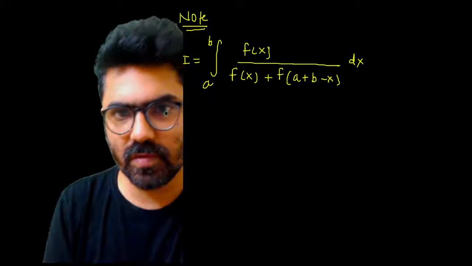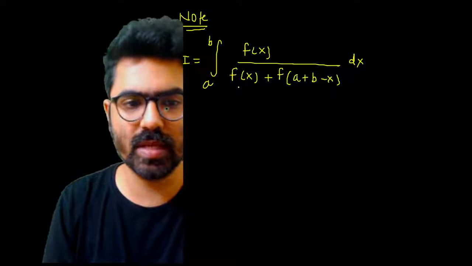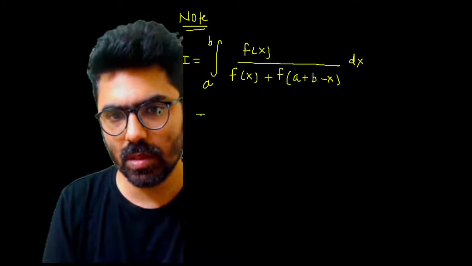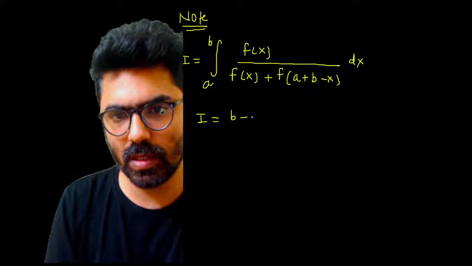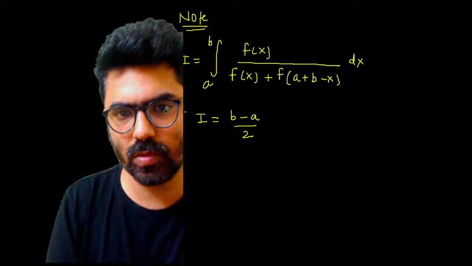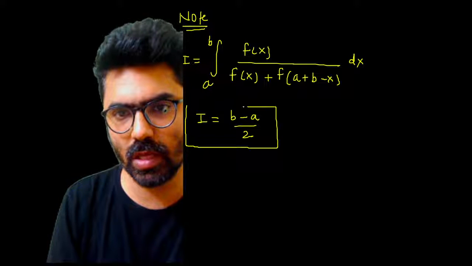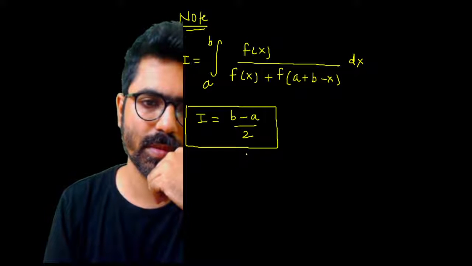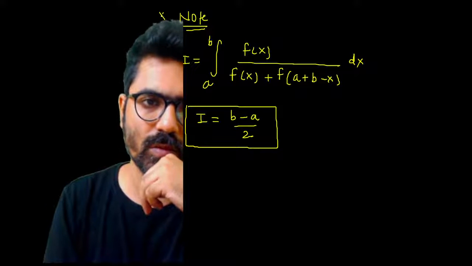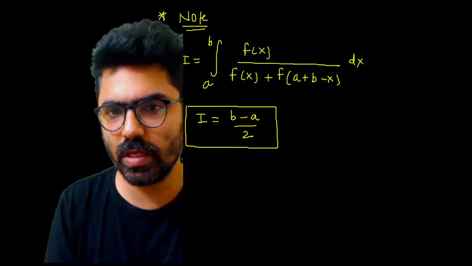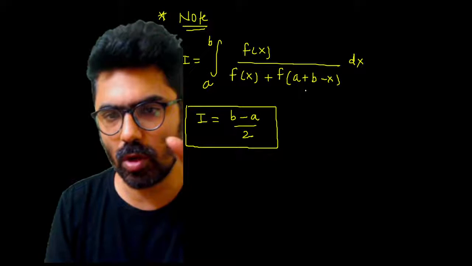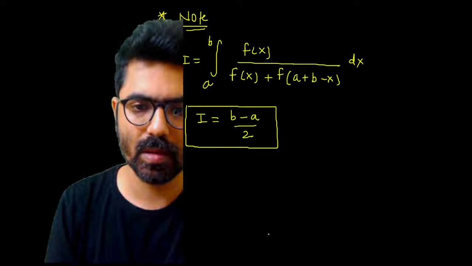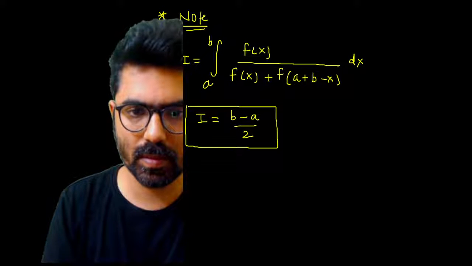The same function f of x should be there in the denominator, plus f of a plus b minus x. The value of I in this case will be b minus a by 2. Try to remember this shortcut, it will help you solve the majority of questions. We'll solve some questions based on it. The function should be there and in the denominator the complementary pair, like a plus b minus x, should be there. Let's take an example.